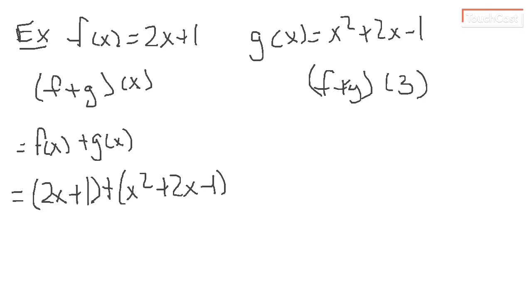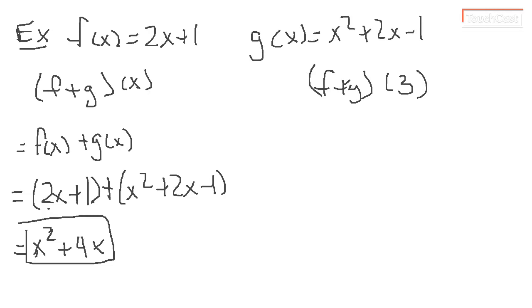Now we can just combine the two functions. We're going to have an x squared. There's nothing to combine with, just that x squared. We have 2x plus 2x, so we're going to have 4x. And then we have a positive 1 plus a negative 1, which is 0. So f plus g of x is going to be x squared plus 4x.